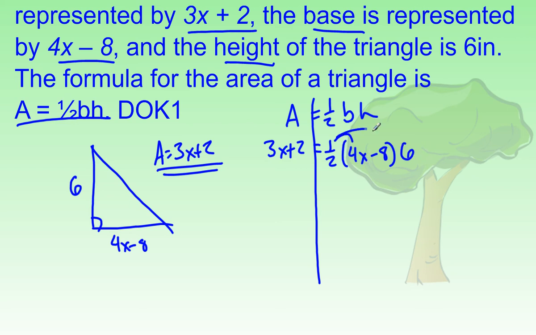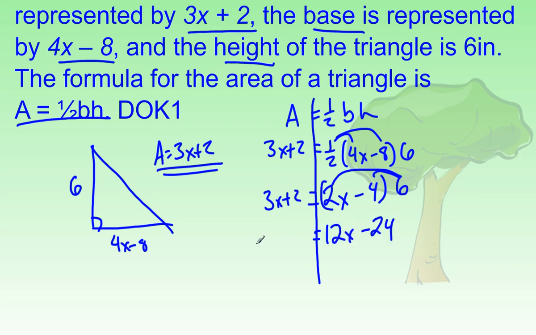So let's take 1/2 times this stuff. Half of 4 is 2x. Half of 8 is 4. And this is all still times 6. And that stuff stays the same. Now distribute this way, times 6. I get 12x minus 24.